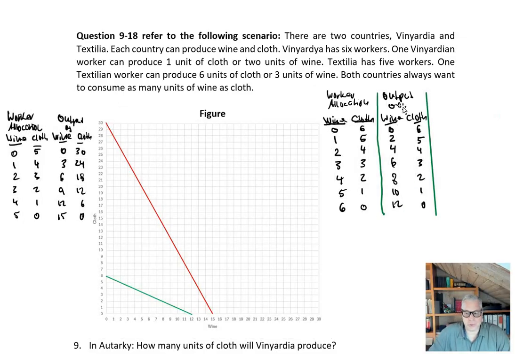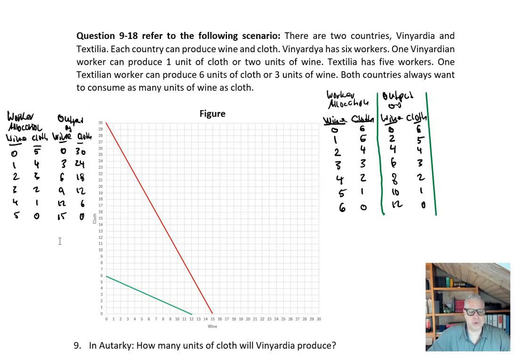Of course there is a shortcut. You don't have to do this table. I just did it now to go over everything again in detail. But when you have such a linear relationship, you also could have said, okay, let's take a look at Textilia. If I take all 5 workers and I let them only produce cloth, 5 times 6, that's 30.